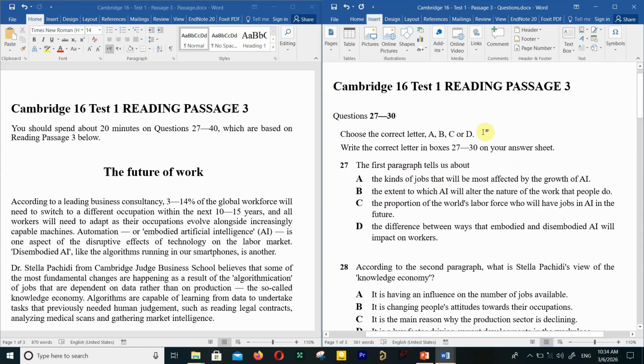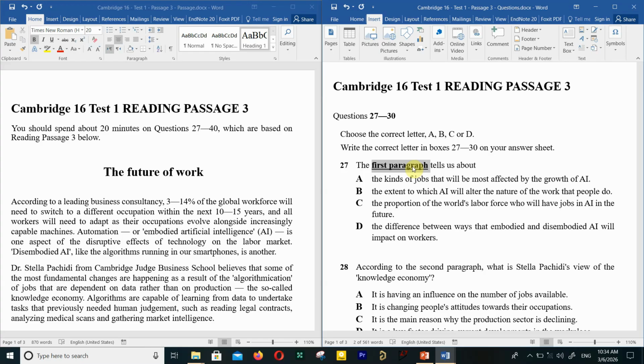So here it is. The Future of Work is the title of this passage. In question 27, you can see here it says the first paragraph tells us about. You can locate the answer pretty easily in multiple choice questions, but you have to get the general gist of that paragraph in order to answer these types of questions.